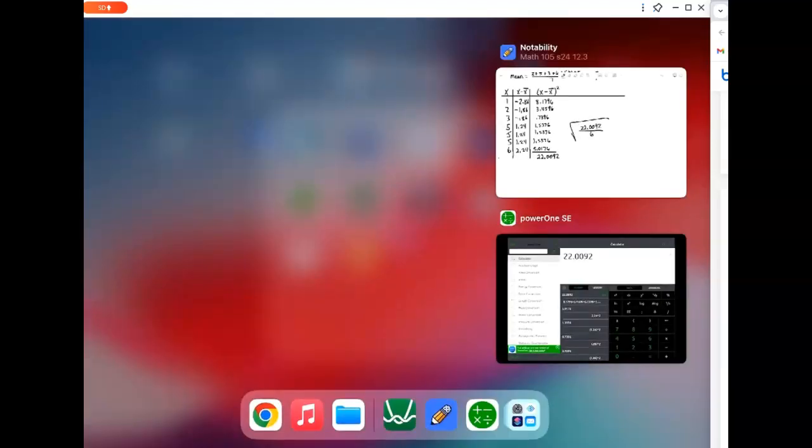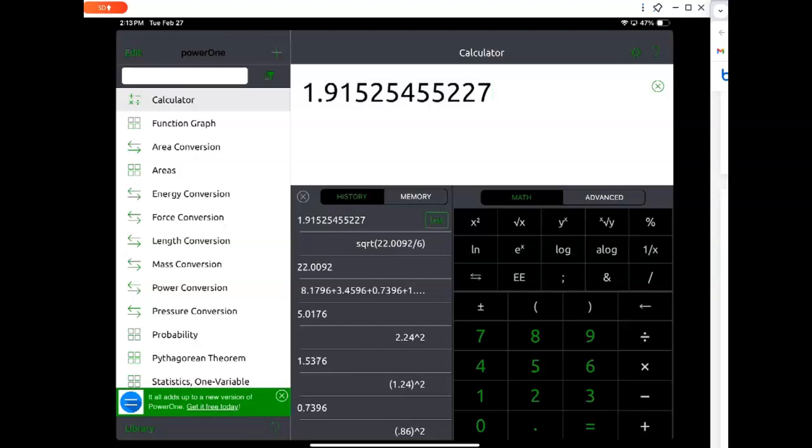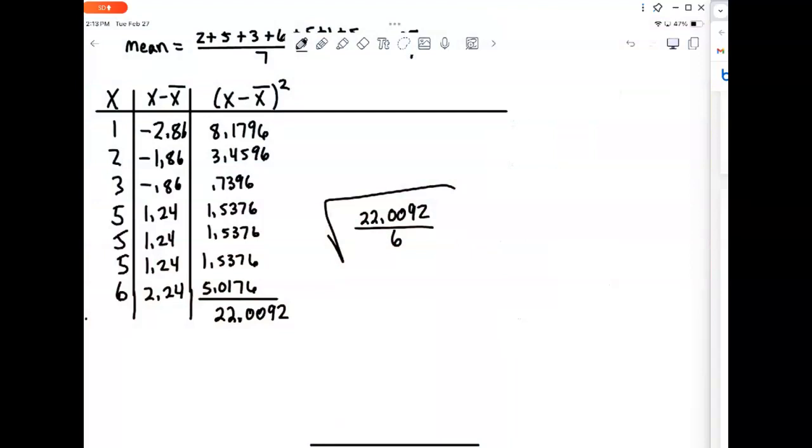So then we just compute it. Square root of 22.0092 divided by 6, doing that again with parentheses around that quantity. And we get our answer, 1.915, or rounding off to 2 places, 1.92.